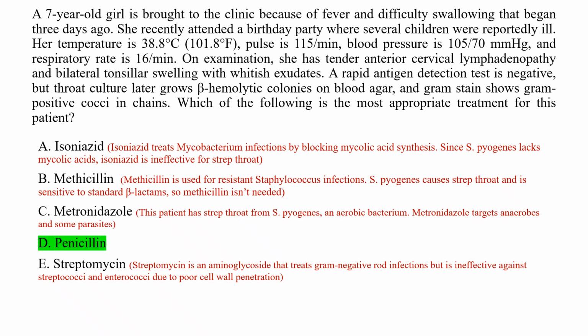And option E is incorrect because streptomycin is an aminoglycoside and is used primarily for treating infections caused by gram-negative rods. And aminoglycosides are not used to treat infections caused by streptococci or enterococci because they do not penetrate the cell wall of these bacteria.